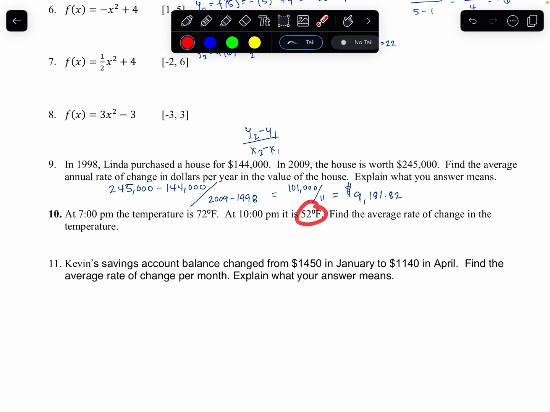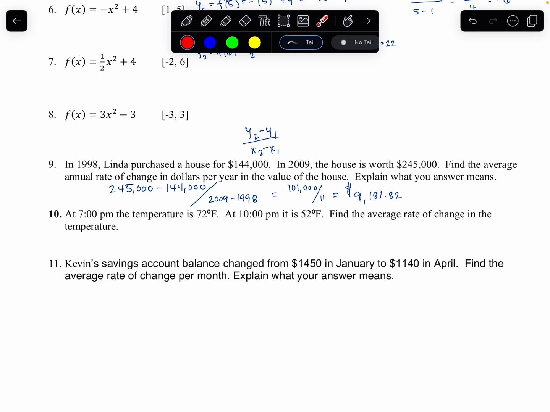So if you do 52 minus 72, that would tell you how many degrees you decrease, and you just have to do 3 hours. So 52 minus 72 and divide that by 3, and you'll get your answer. And then do something similar here and get your average rate of change.